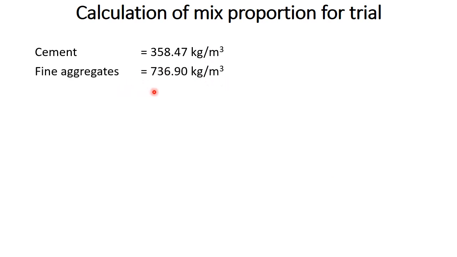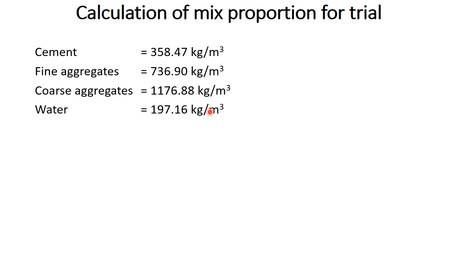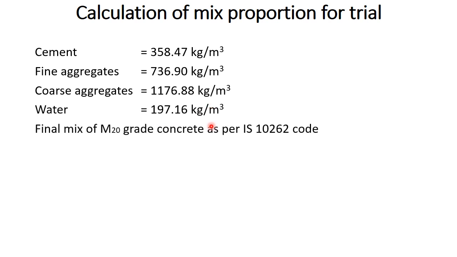Calculation of mix proportion for the final trial. Cement is 358.47 kg per meter cube. Fine aggregate 736.90 kg per meter cube. Coarse aggregate 1176.88 kg per meter cube. Water is 197.16 kg per meter cube.